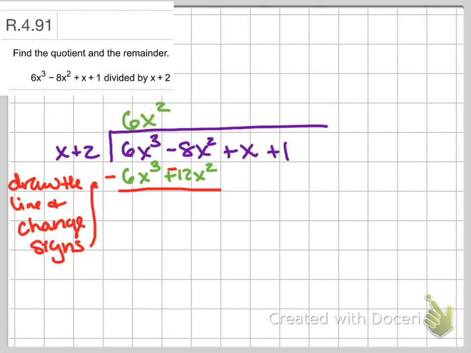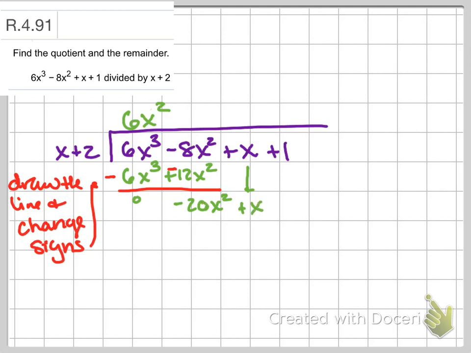All right, back to green. Now that we do that, 6x cubed minus 6x cubed is 0. That's great. Negative 8x squared and a negative 12x squared makes a negative 20x squared. And we'll bring down the plus x, start all over again.